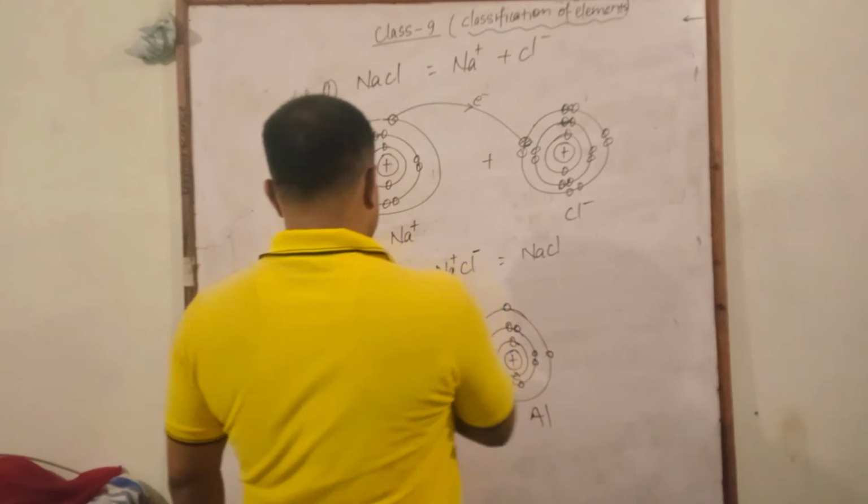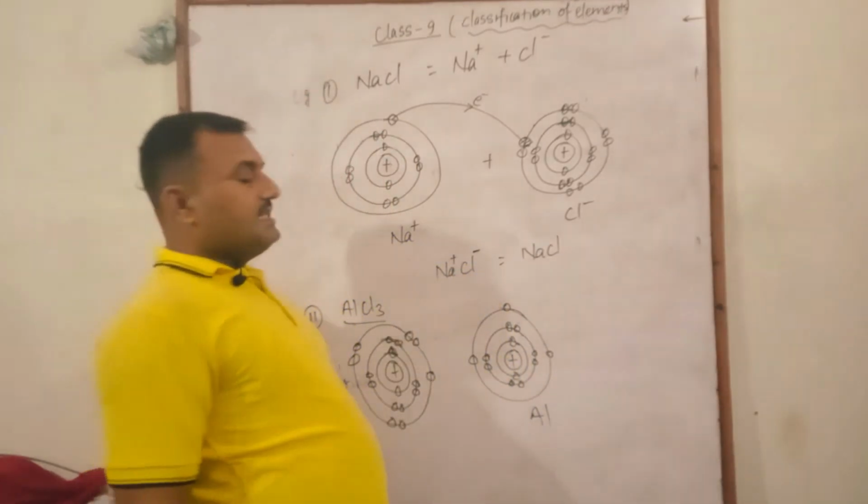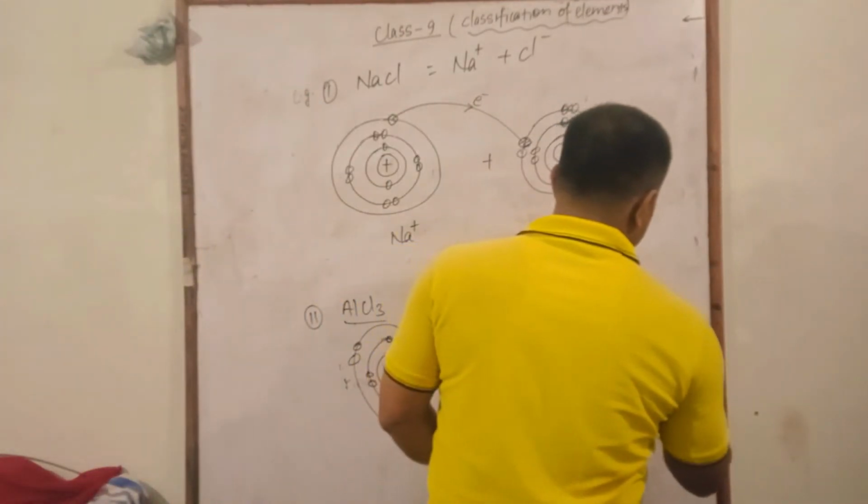In aluminum chloride, 3 chlorines are there, so we should draw 3 chlorines.